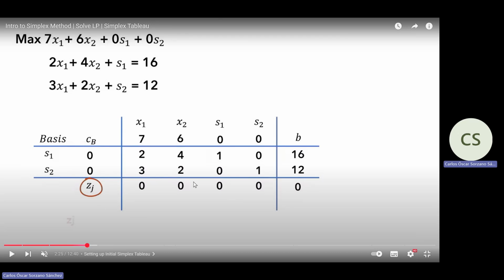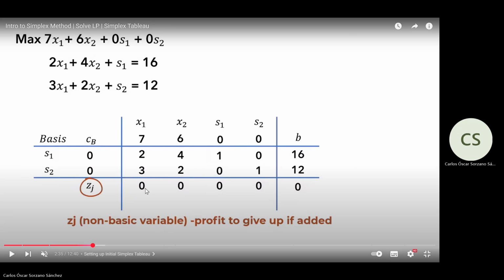So this 0 is the value of your goal function for the current solution. And we will call this line Zj. Zj is the profit to give up if we add a variable to the basis. If I add x1 to the basis, what do I have to give up? I have to give up 0 because x1 is not in the basis now.